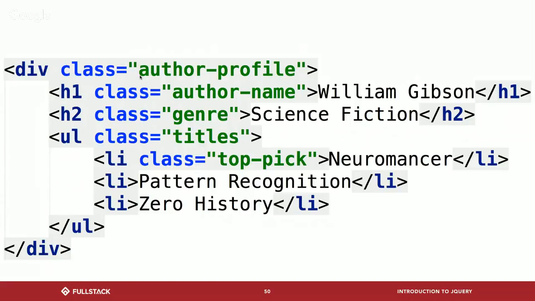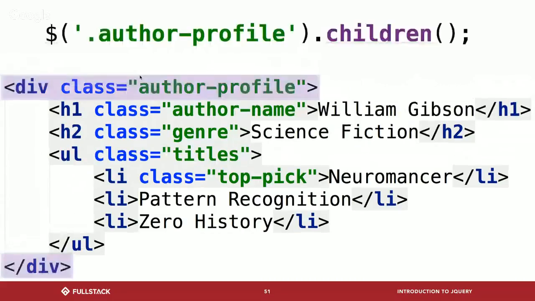The parent has these children. Each of these are considered siblings. These three are going to be children of this UL tag. That's the DOM hierarchy. So one of the things jQuery allows you to do is use a selector and ask for the children. And again, what you get back is another wrapped set.